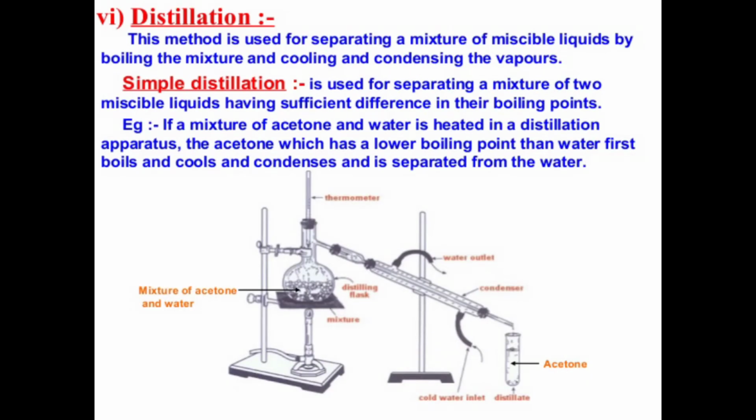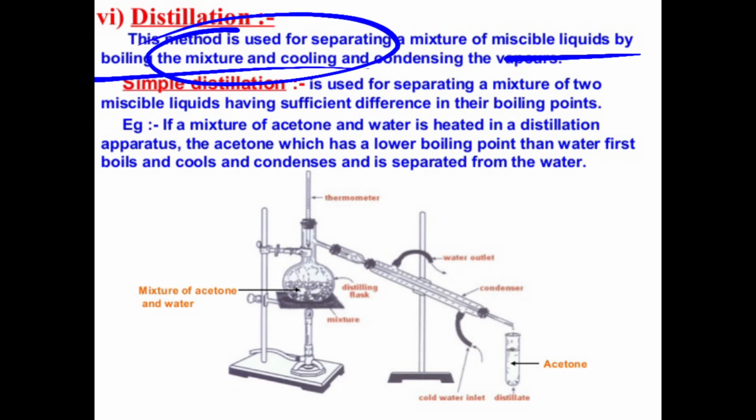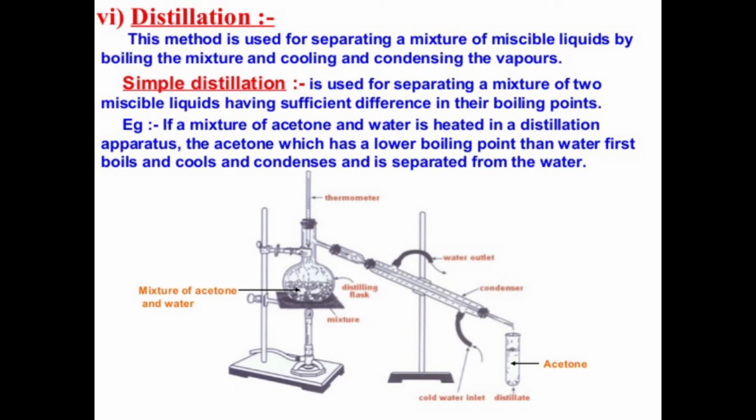Now, what is distillation? Distillation is a method in which we can separate a mixture of miscible liquids by boiling, vaporizing, cooling and condensing. This is useful for miscible substances. I think this much is clear to you.